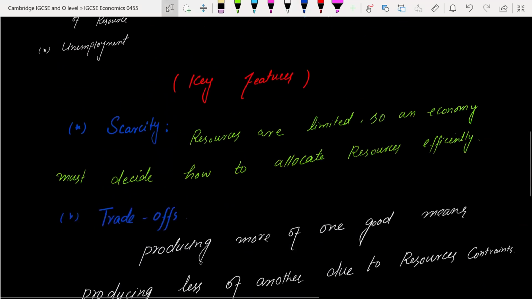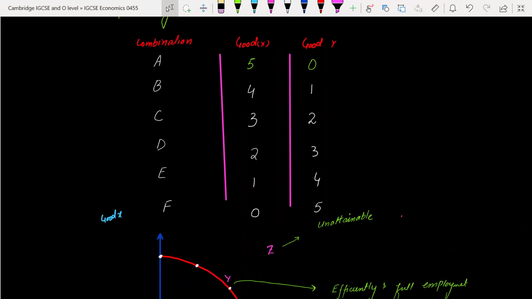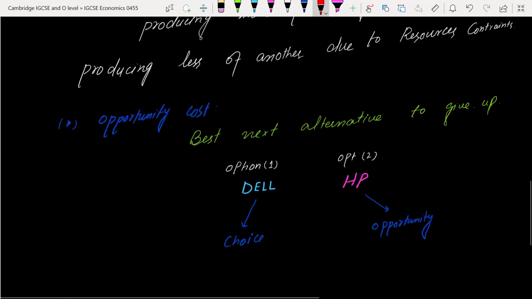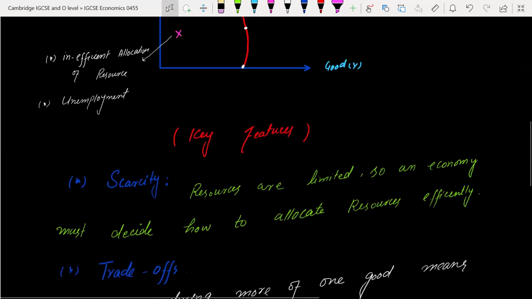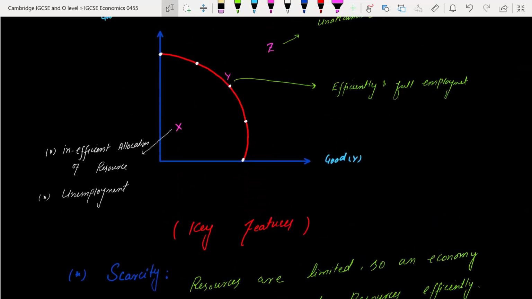Same, my dear students, in the table you can check, when I increase the units of goods Y, I have to sacrifice units of goods X. So the units of goods X which I am going to give up are the opportunity cost of goods Y. And we have already explained that all the points on the PPC curve, like point Y, represent efficient production, means we allocate all resources in a proper way.